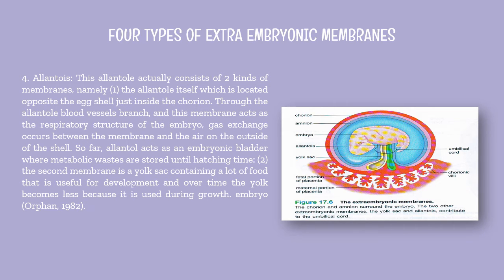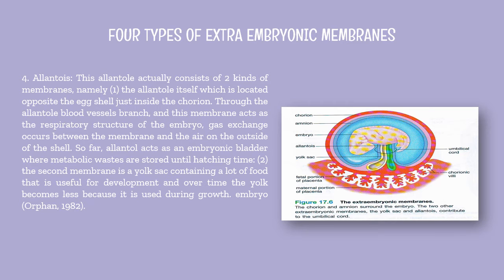Fourth, allantois. The allantois actually consists of 2 kinds of membranes. First, the allantois itself, which is located just inside the chorion. Through the allantois, blood vessels branch, and this membrane acts as the respiratory structure of the embryo. Gas exchange occurs between the membrane and the air outside the cell.